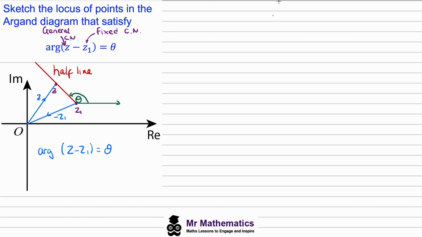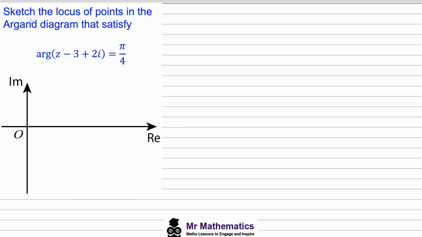So we can show this as a hollow circle at the point z1 and the half line travelling in this direction, which is theta degrees anti-clockwise from a real axis. Okay? In the next example, I'm going to show you how to sketch the locus when we have a fixed point in x plus iy form.